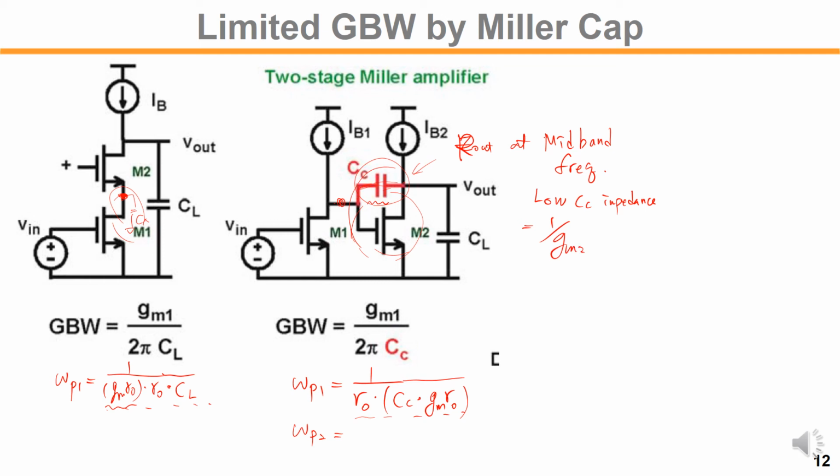So the pole location would be gm2 over, let's say, CL. In reality, there will be additional parasitic capacitance from the sheet of M2, so let's say this is CX, it will be CL plus CX.